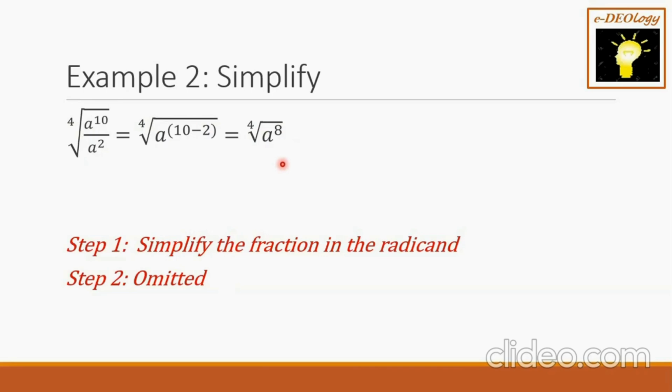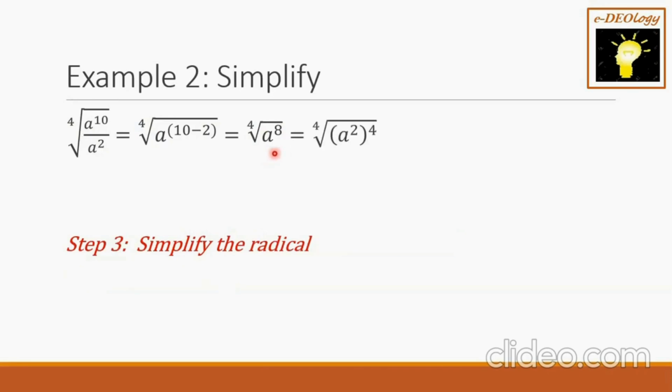Step 2 can now be omitted because there is no more fraction inside our radical. So in step 3, our index here is 4. So we're going to show that this a raised to 8 is a power of 4. The term inside here is a square.